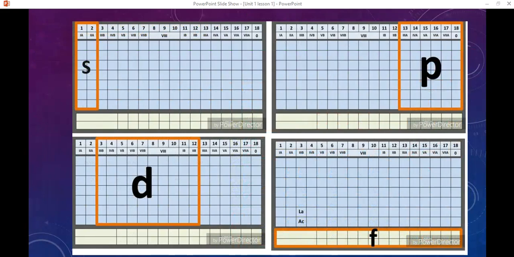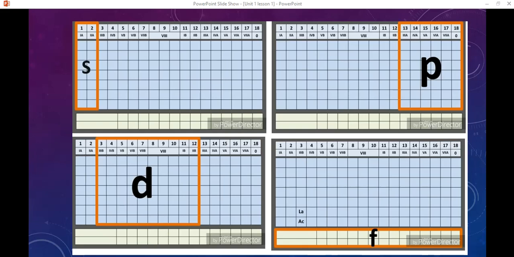To understand more, take a look at this figure. So we have S block, 2 left; P block, 6 right; D block, 10 middle; F block below, lanthanide and actinide.